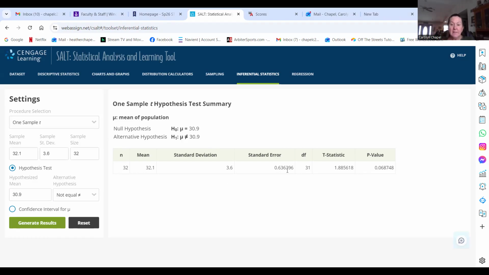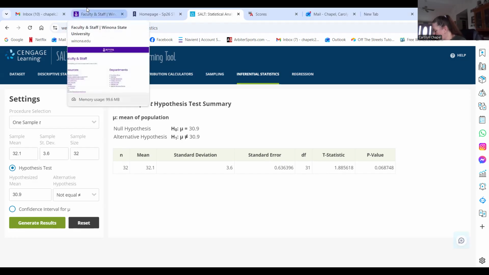If I calculate the standard error, I would get this value, which is 3.6 divided by the square root of 32. The degrees of freedom, 31. My test statistic, that's my step 3, 1.88568. Knowing what we've known so far, we're 1.8 standard deviations below, so between 1 and 2, closer to the 2.